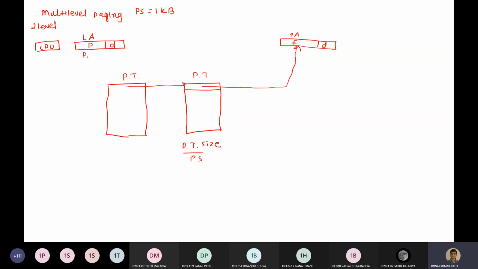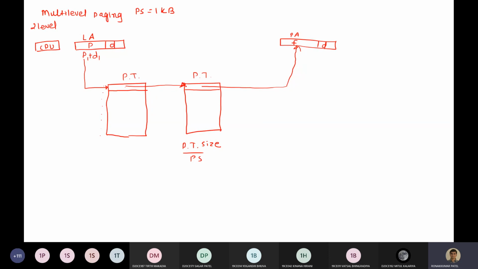You can consider P1 and D1. So P1 will find the index. If this is the index using P1, from this entry you will get a page table.